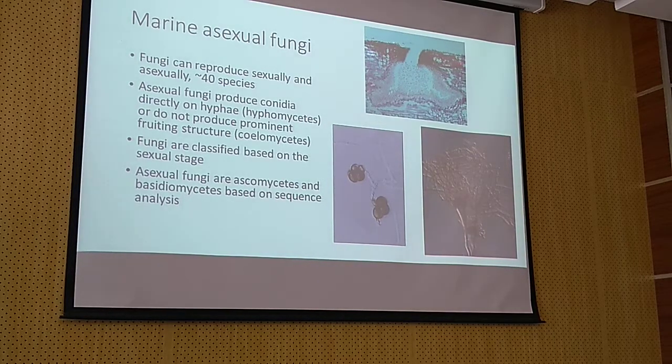For the asexual fungi, they are not formally classified into the classification system of fungi. Then you might ask, why? How can we know where it belongs? Normally, nowadays, we sequence these asexual fungi and use phylogenetic analysis to know where they belong. Okay. So, but there are quite a few, 40 to 50 species in the sea.